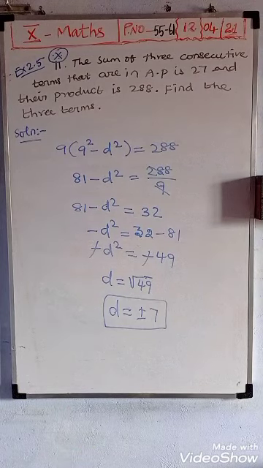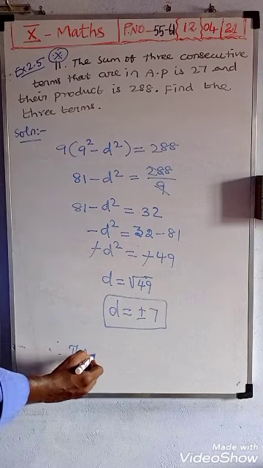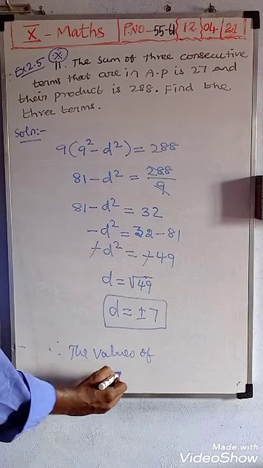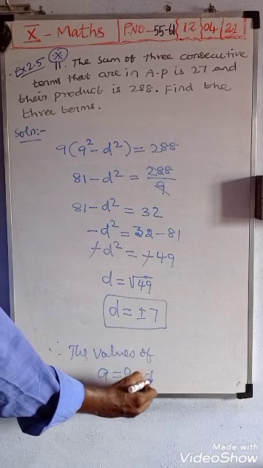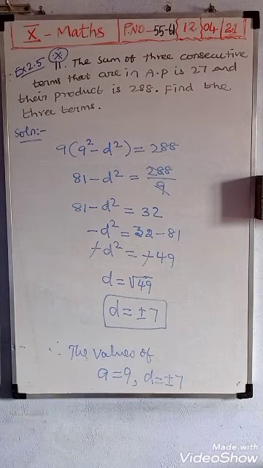Usually we choose only the plus value, but here, based on the sums, we need to choose both signs, plus or minus 7. Therefore the values are A is equal to 9, D is equal to plus or minus 7. Okay, so we received both answers.